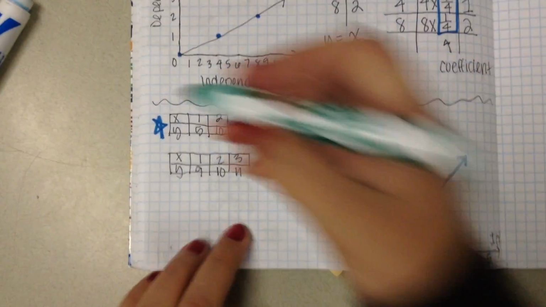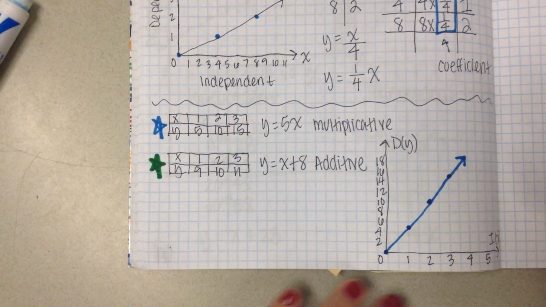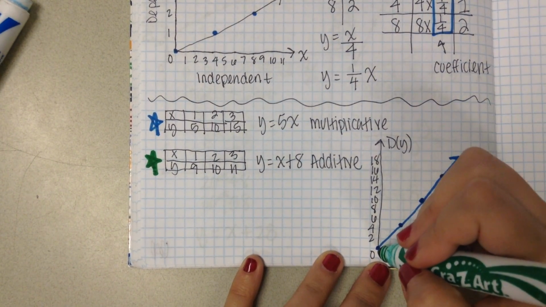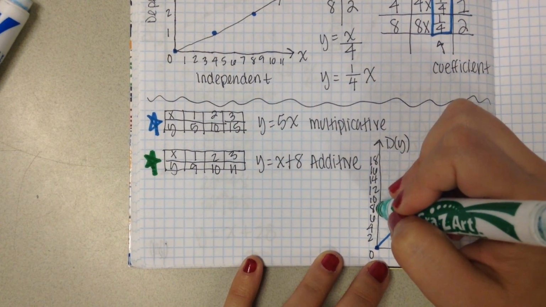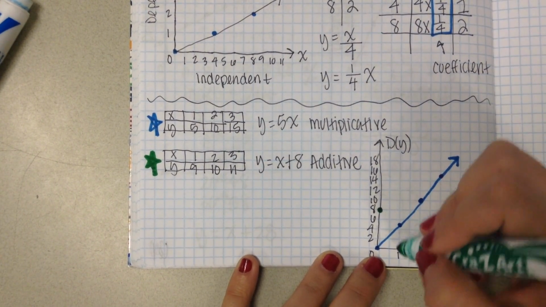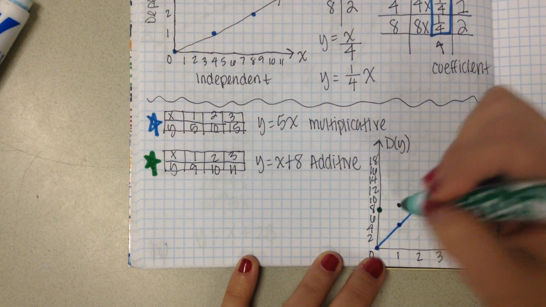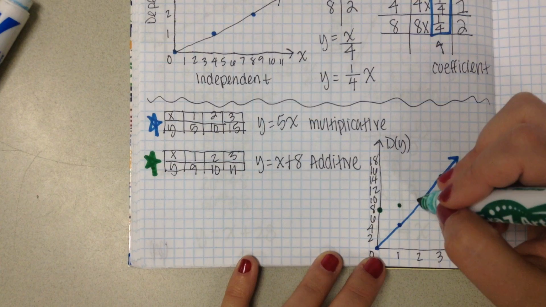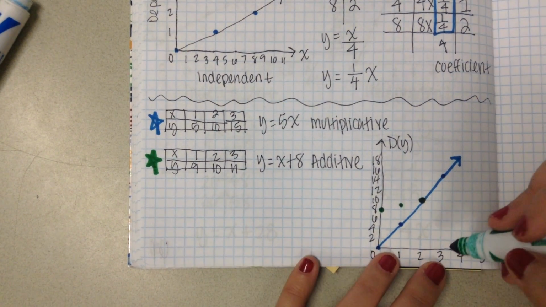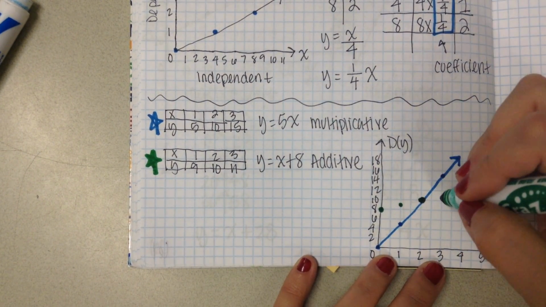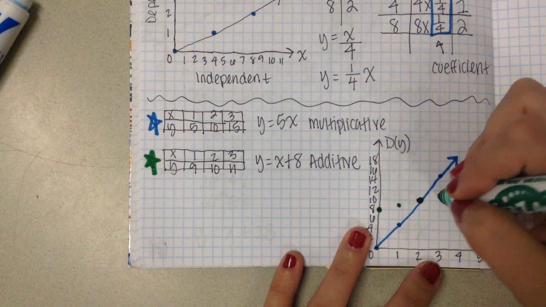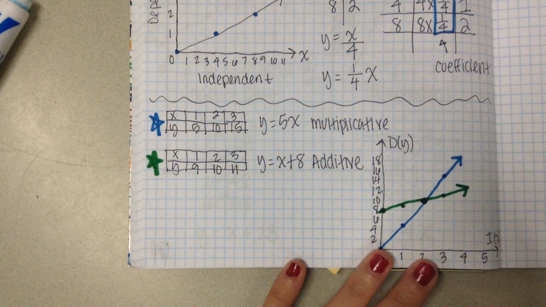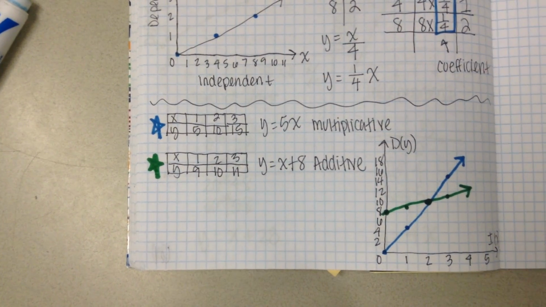The additive one will be in green. We're going to start with 0, 8; 1, 9; 2, 10; 3, 11. And that one's in green.